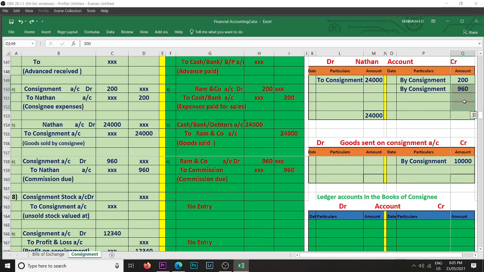Cash or bank account debit 22,840. Check that. 22,840. So cash or bank account debit to Northern account.